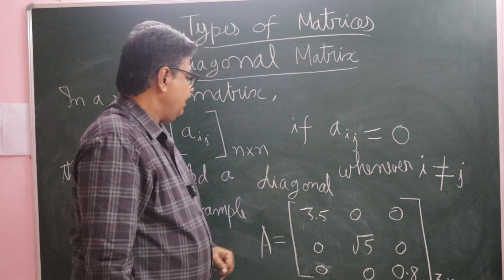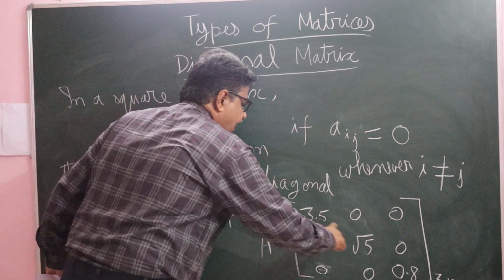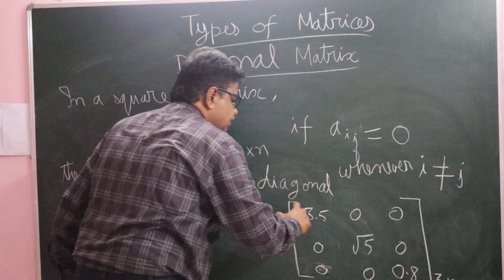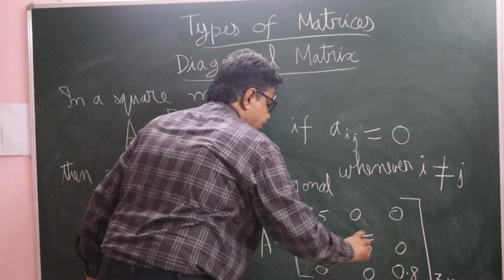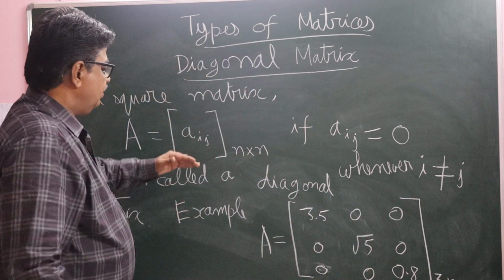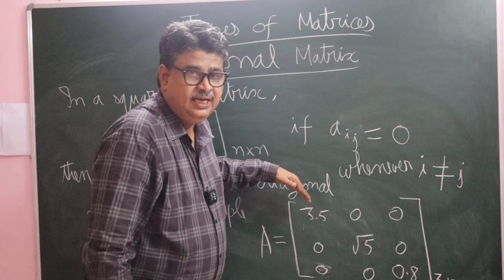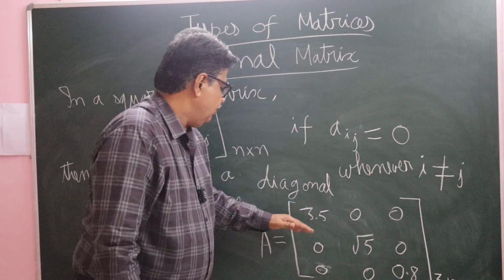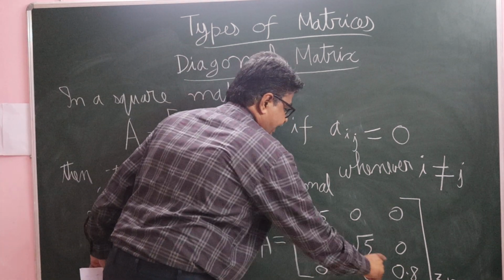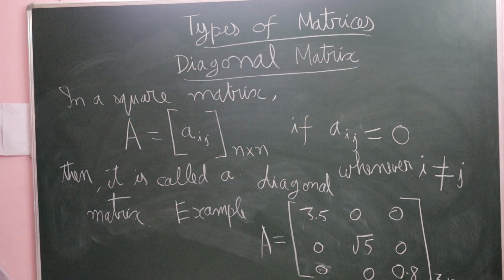That is, the diagonal matrix will have elements only along the leading diagonal, with positive or negative values, but the other elements are 0. Right? The elements along the leading diagonal or main diagonal are non-zero. Then it is called a diagonal matrix.